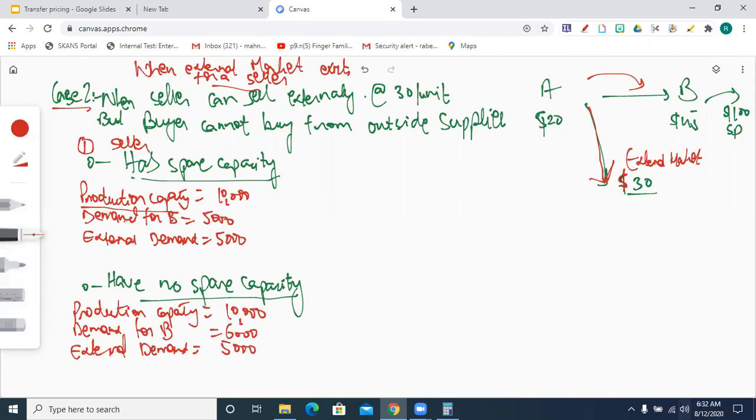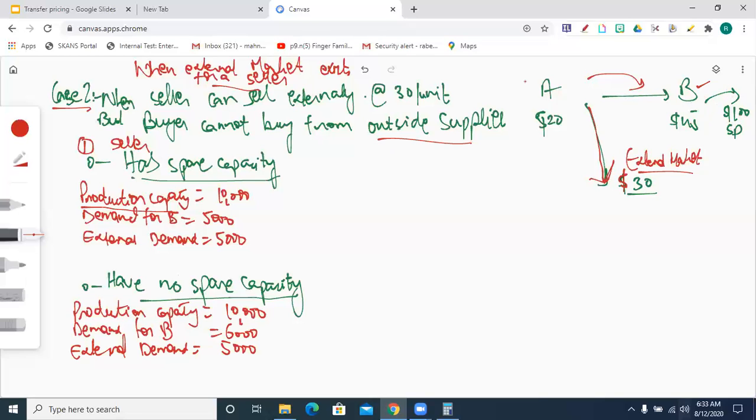Now, what would be the ideal price when an external market exists for a seller? He could sell the same thing that he is providing to B to the external market at 30, but B cannot buy the components that it wants from an outside supplier, because an outside supplier is not available.